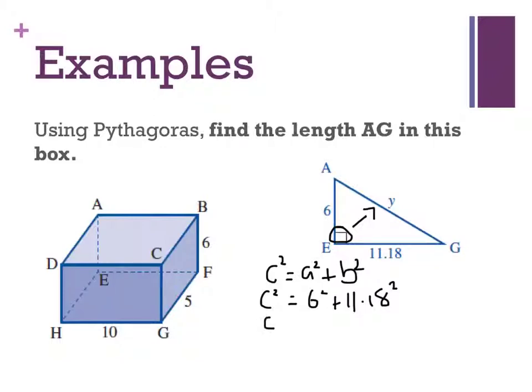Okay, c squared equals 6 6s are 36. Mr. Corsi is going to need a calculator to do the next one. 11.18 squared is 124.99.